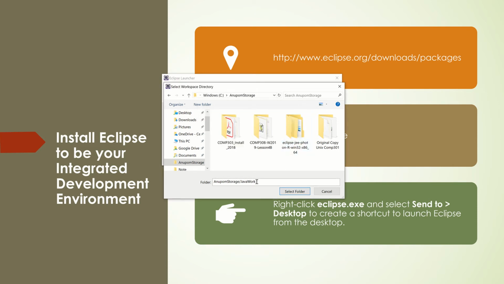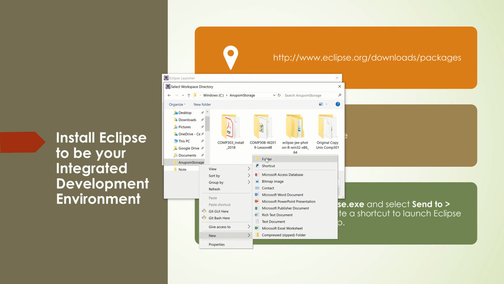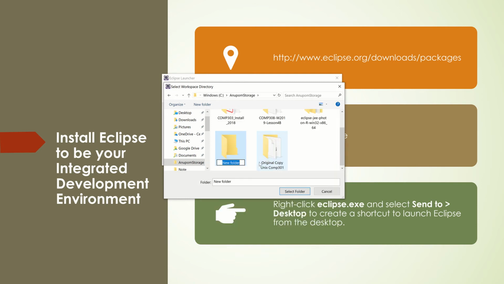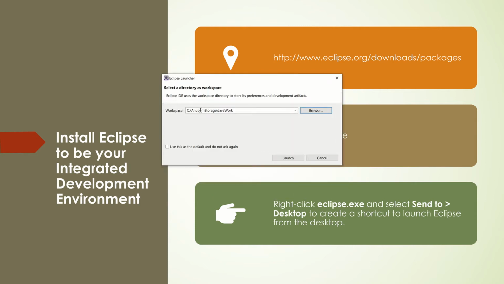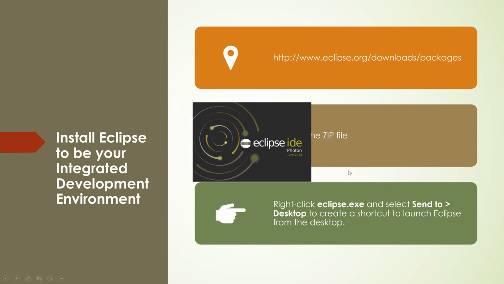Sorry, the folder is not there, so I can create a folder here, like Java works. Now I think it's not a problem for me. So see, now this is my path, and then if I launch it, now it will be launching.